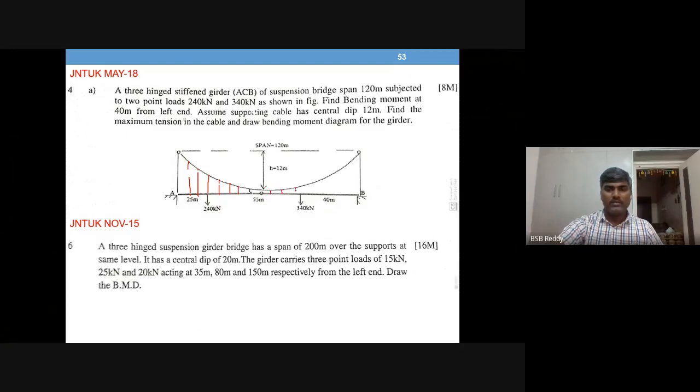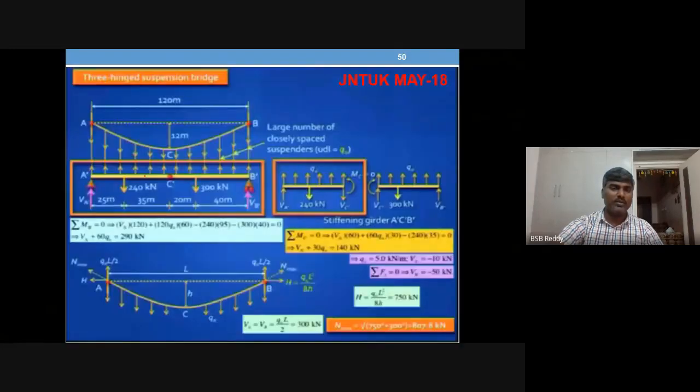There will be suspenders connecting the main cable and the girder. You have to cut all these suspenders so that you can free the cable from the girder. That is what is done, and this is the free body diagram.